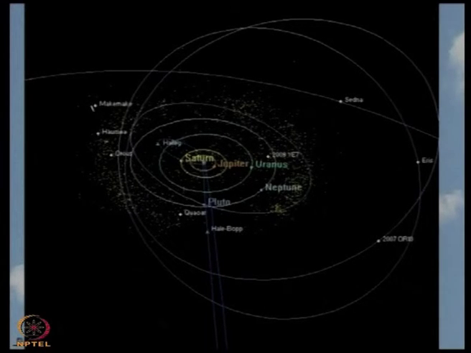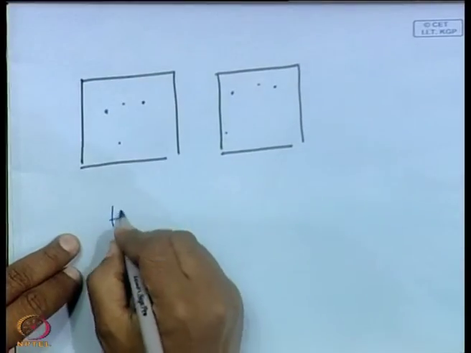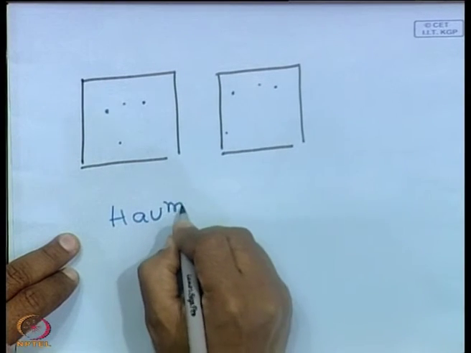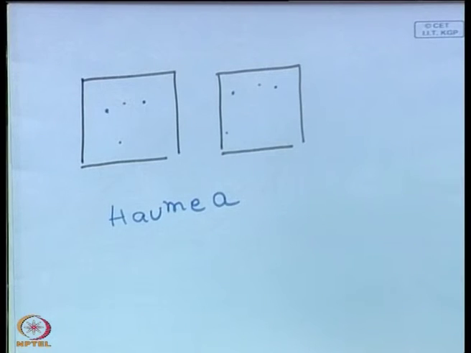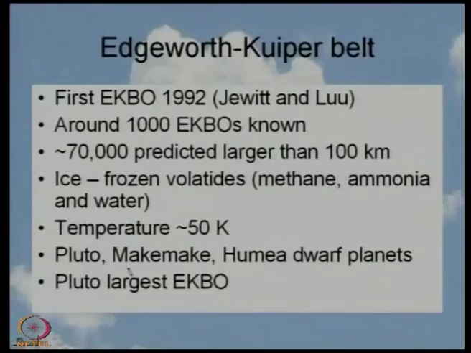They are also members of the Kuiper belt. So, these three, Pluto, Makemake and Haumea, have all been classified now as dwarf planets.